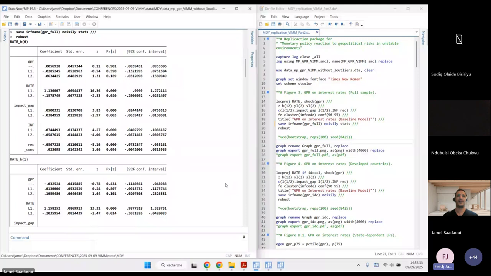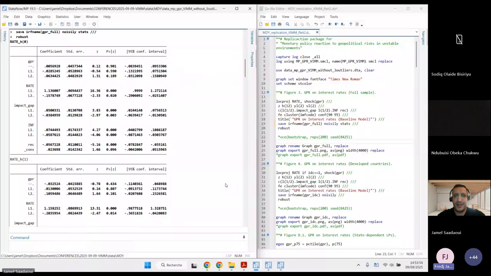Yeah, but I don't know if I understood correctly. You have 18 countries in the sample, right? Yes. I don't know which are these countries, but even though they are concerned by the GPR shock, the size of the GPR shock is variable from one country to another.